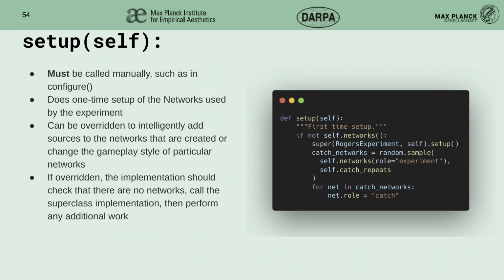And so the point being here that there are multiple networks being run in parallel, because each participant participates in multiple instantiations of that simulation. So what this is doing is it's saying, for the setup, if there aren't networks, call the default implementation, and then a random sample of these are going to be handled separately. So this is a way of saying some of the networks should follow a different rule to other ones. That's how you would do this.